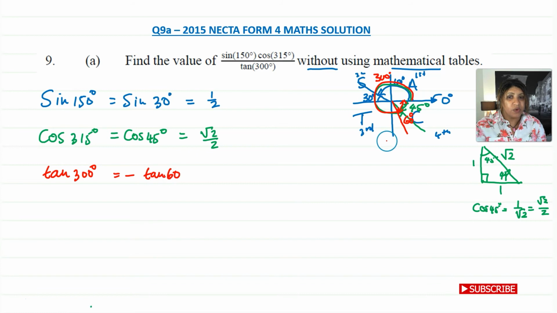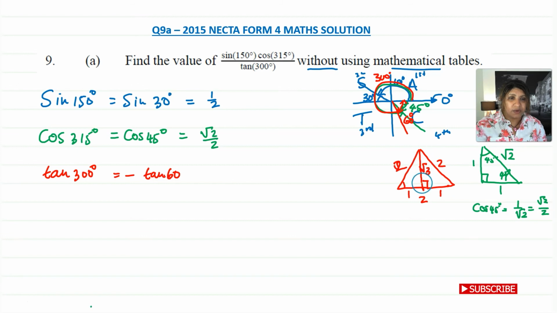Now we need to find what tan 60 is. If you remember what sine 60 and cos 60 are, you can easily do that, but I will show you how to do it with the special triangle. Normally for 60 degrees, we have an equilateral triangle, so all the sides are 2, 2, and 2. Now if you divide that in half, that would be 1 and 1. And then this line here, by Pythagoras, is the square root of 4 take away 1, which is the square root of 3.